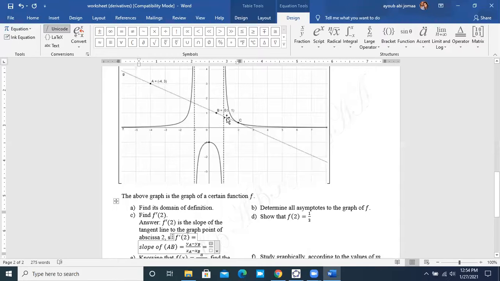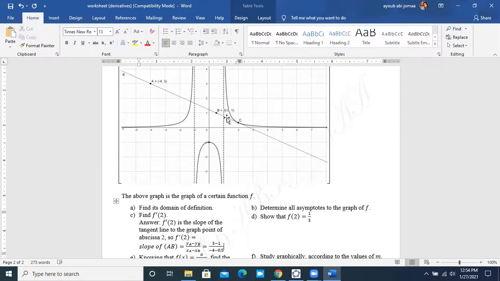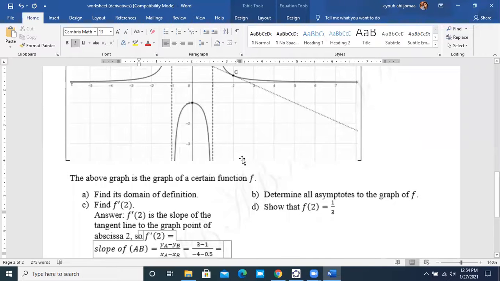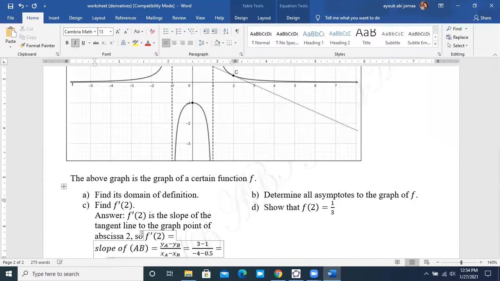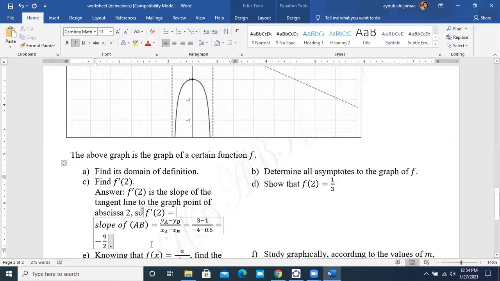So it's 3 minus 1 over xa minus xb, negative 4 minus 0.5. Negative 9 over 2. So f prime of 2 is equal to negative 9 over 2.